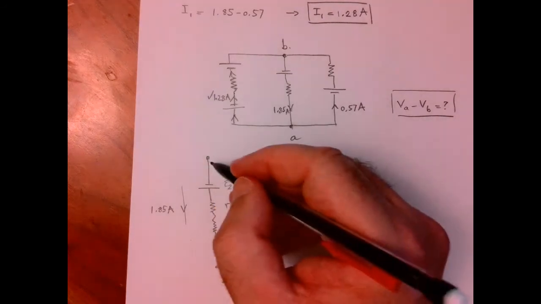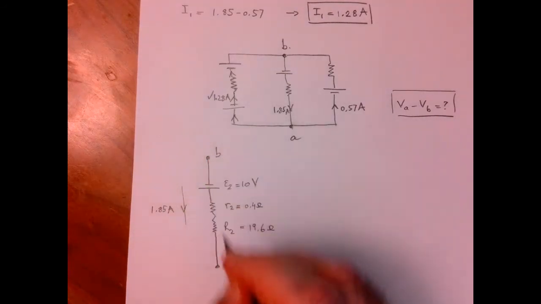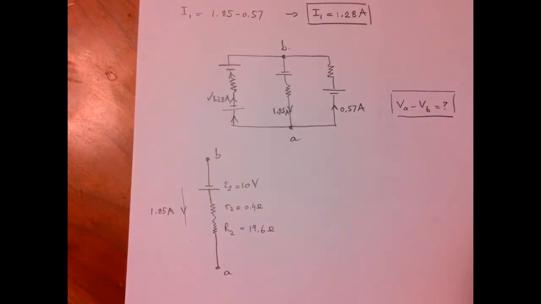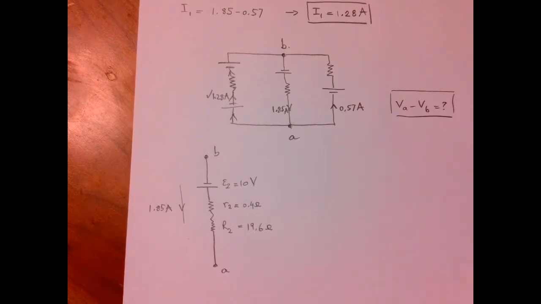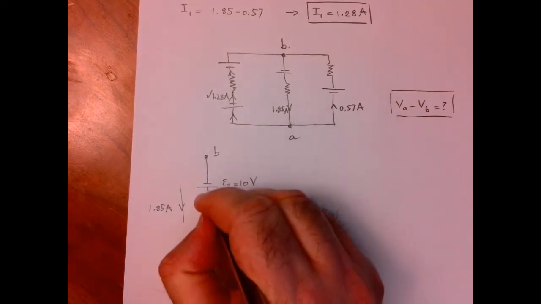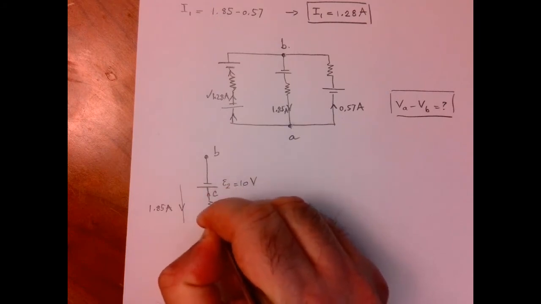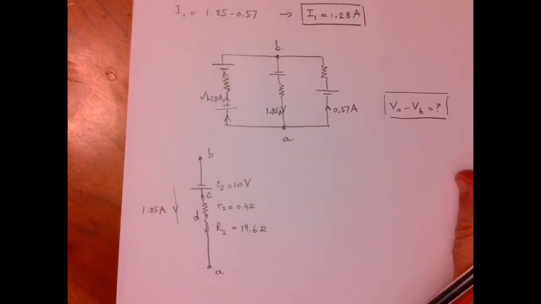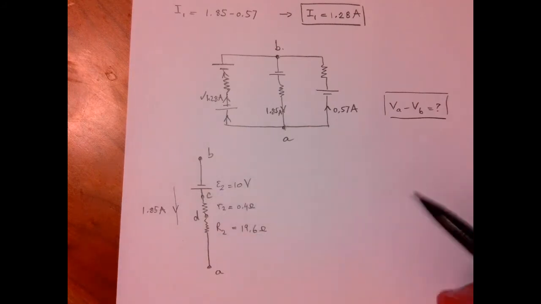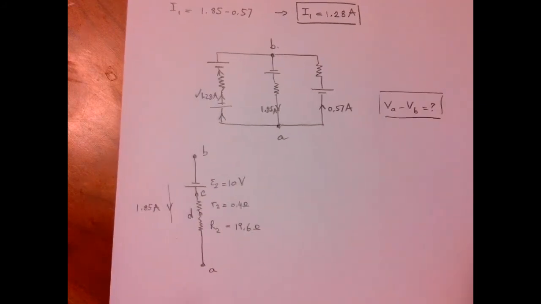So what do we do now? We label all these points. Points B and A have been already labeled for me, but I need to label all the other relevant points. So I'll have point C, and I will have a point D. I'm going to write the potential difference between each pair of points according to the rules that we saw in an earlier video.